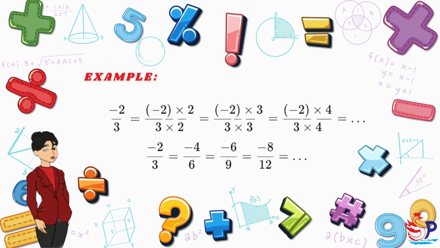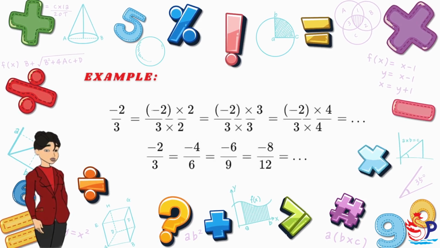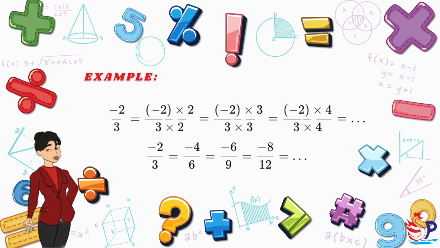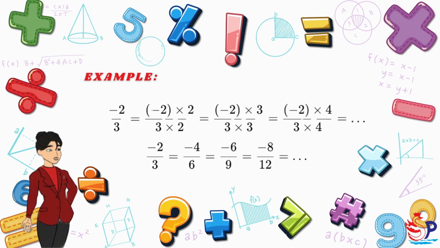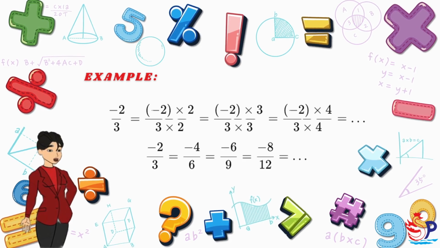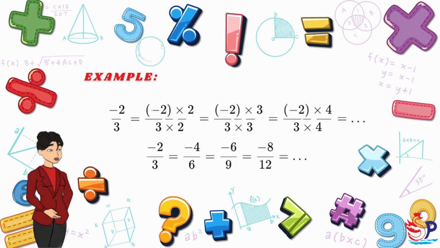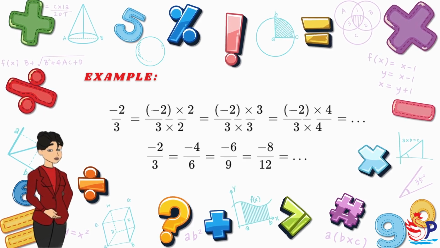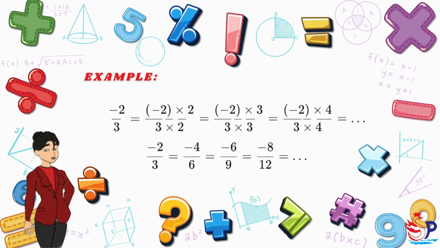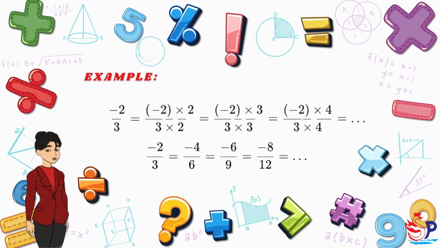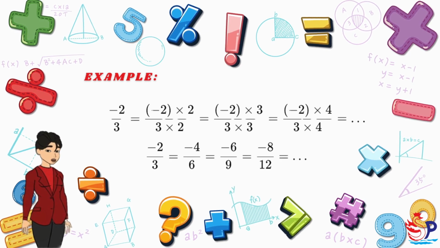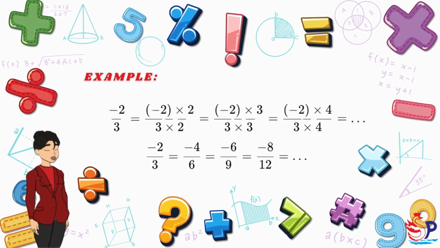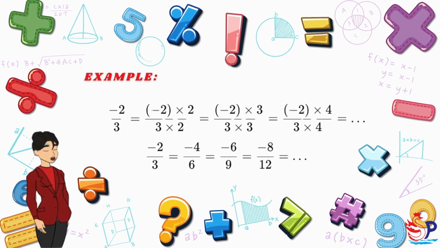Example: -2 by 3 is equal to -2 multiplied by 2 divided by 3 multiplied by 2, is equal to -2 multiplied by 3 divided by 3 multiplied by 3, is equal to -2 multiplied by 4 divided by 3 multiplied by 4. So -2 by 3 is equal to -4 by 6 is equal to -6 by 9 is equal to -8 by 12.